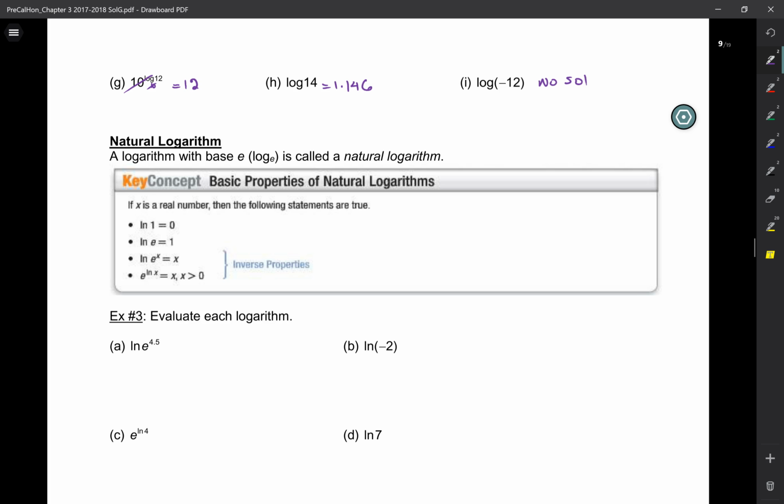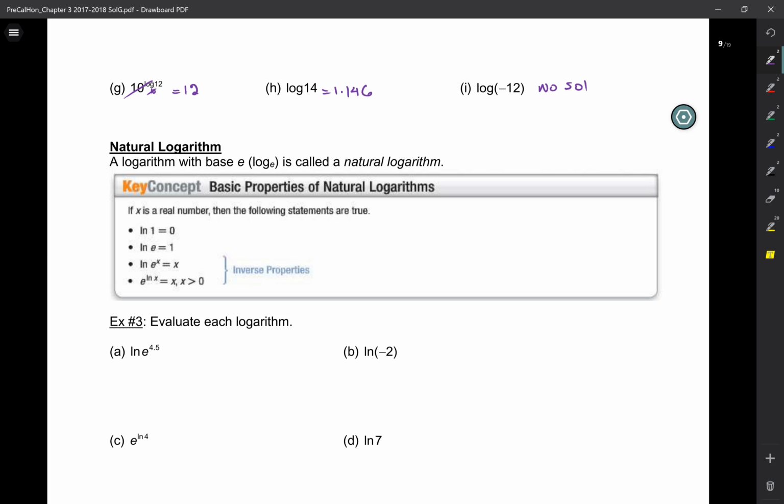Now, so we talked about log with a random base, b. We talked about log with a base of 10. What about, remember that special number e? What if we have log base e of x? Well, this is such a natural occurrence that we call this the natural log. Instead of writing log base e, a synonym for it is ln of x.